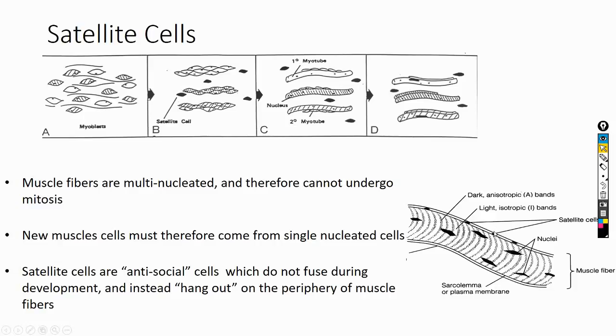Quiescent just means that they're kind of sleeping, if you will, and they get activated through the process of muscle damage. A lot of the things that happen when you work out, muscle damage and the subsequent repair process, that's kind of what activates them and causes them to start doing something.